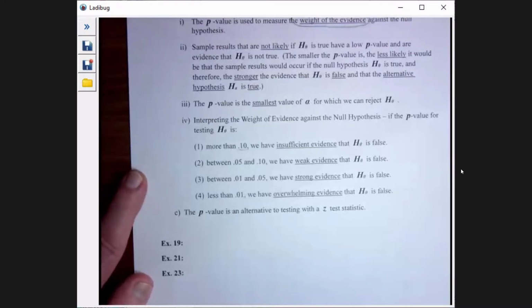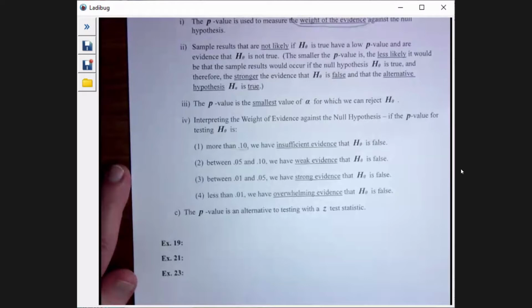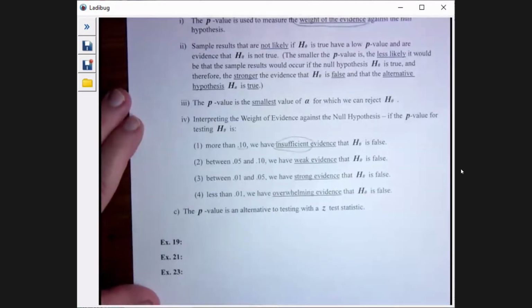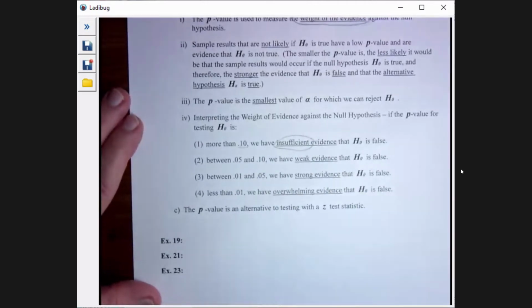You consider that a good level of risk? No. I would probably not want to take a 1 in 10 chance that I'm wrong. So that's really insufficient evidence against our null hypothesis.